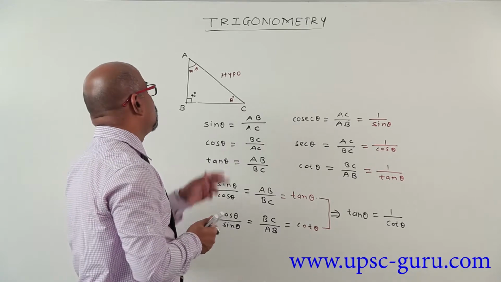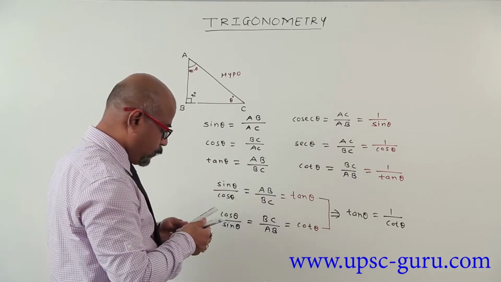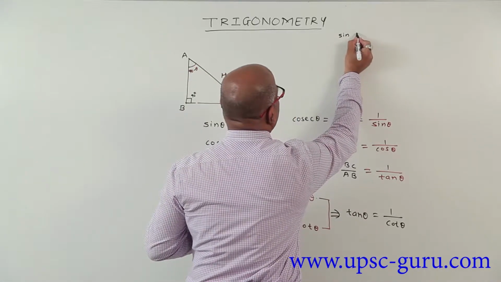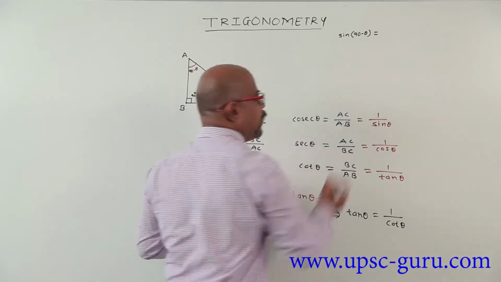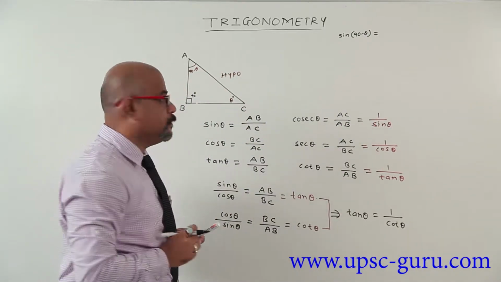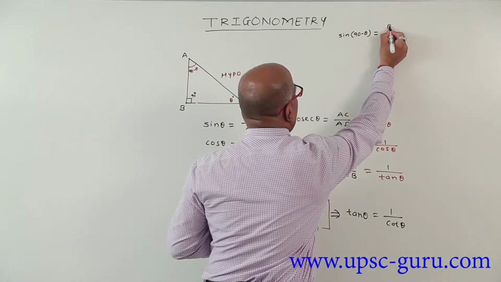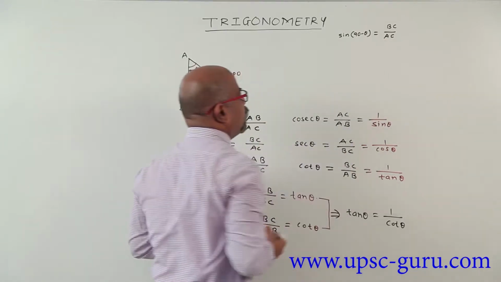Now let us find trigonometric ratio for angle A, that is 90 minus theta. Sin 90 minus theta, let us find what we get. Sin equals to opposite upon hypotenuse. Side opposite to 90 minus theta is BC and hypotenuse is AC. We get BC upon AC.